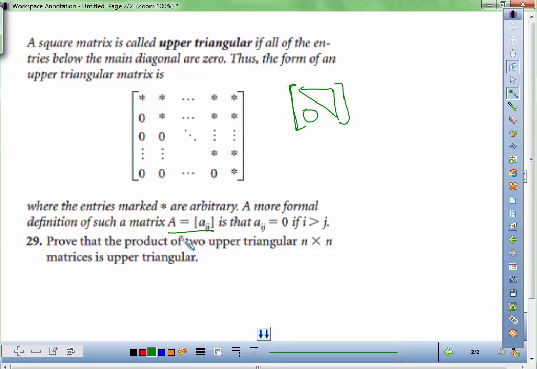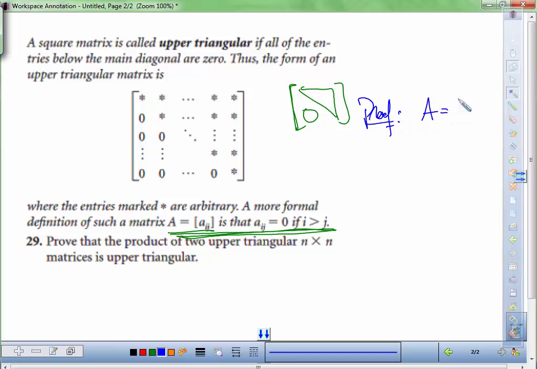So here's a condition for upper triangular matrices. Let's start by saying proof here, and let's see how far we can go. We'll let A equal Aij, where Aij is equal to 0 if i is bigger than j.